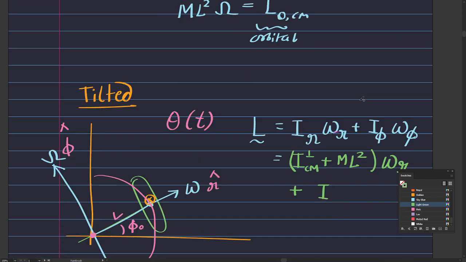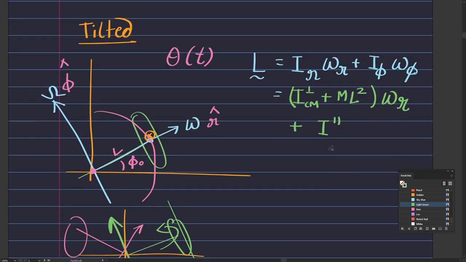So it would just be this quantity parallel cm omega.